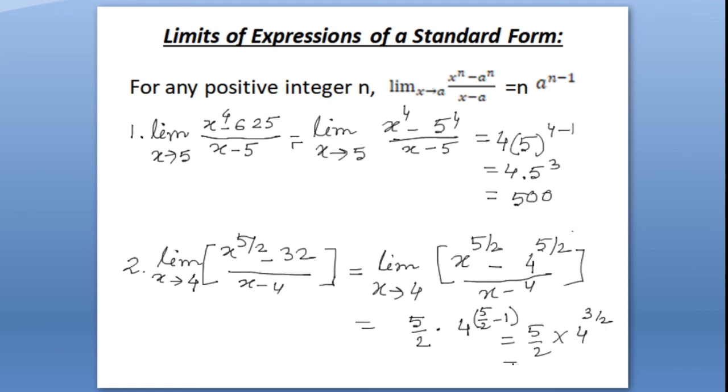After simplification, 4 means 2 square, so this is 2 cube, that is 8. 8 by 2 is 4, and after simplification it will be 20.